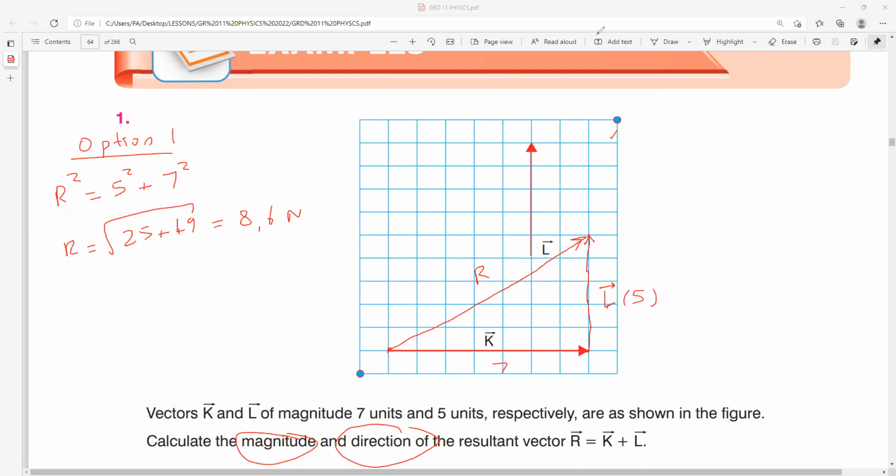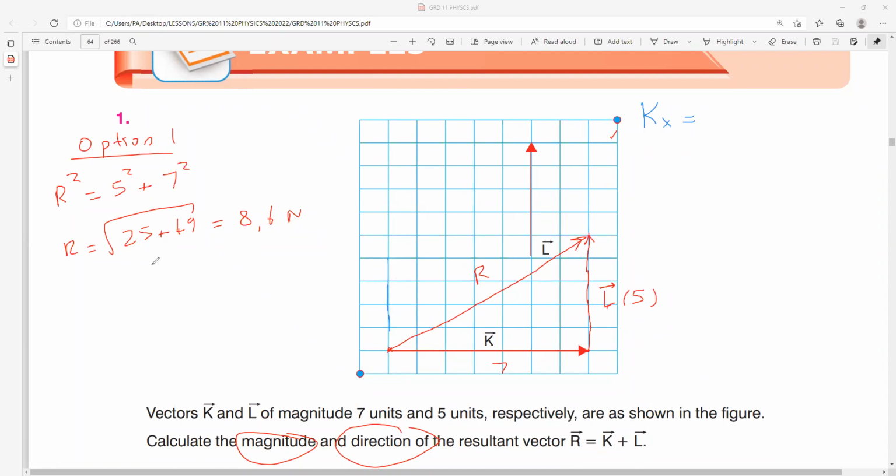Option 2, using our X and Y. First of all, people, we don't need the F force for now. Let's say Kx. We are going to use Kx and Ky, same thing. What is Kx?